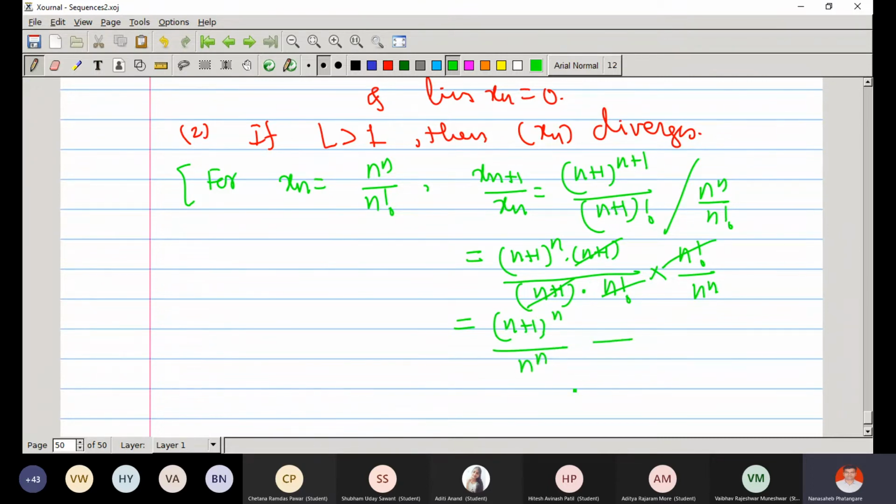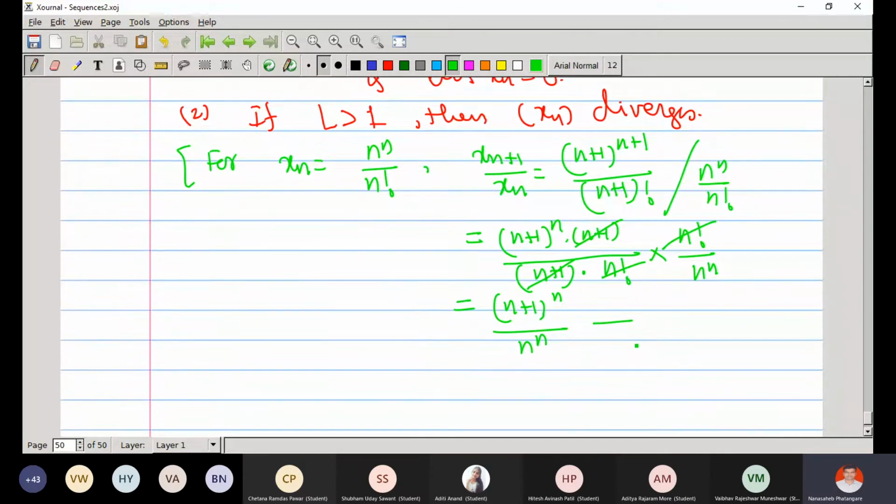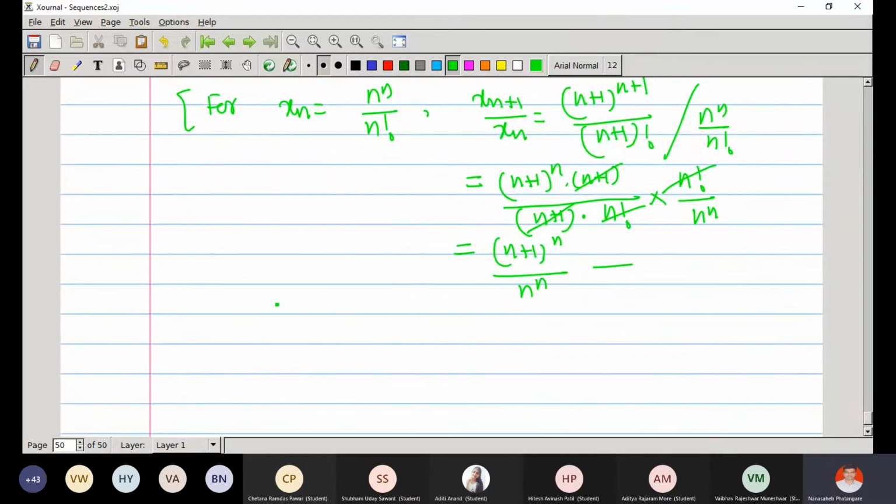So this is a new sequence. Now what is the limit? What is the limit of xn plus 1 upon xn? This is what in the statement is L. So the limit as n tends to infinity of xn plus 1 upon xn we have calculated as it is.